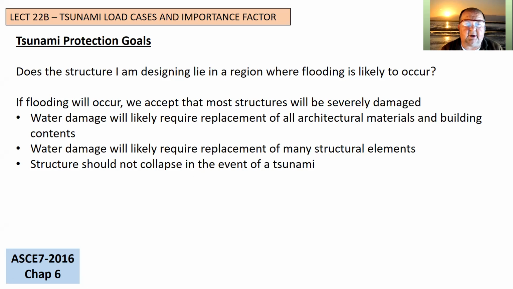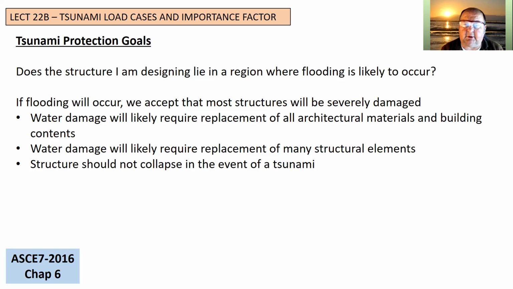So does the structure I'm designing lie in a region where flooding is likely to occur? I mean, if I'm outside of an inundation zone, I can completely forget about this portion of the building code. But we expect that if flooding does occur, most structures are going to be very severely damaged by that water.